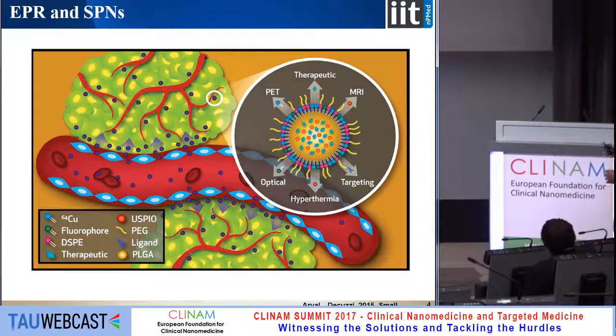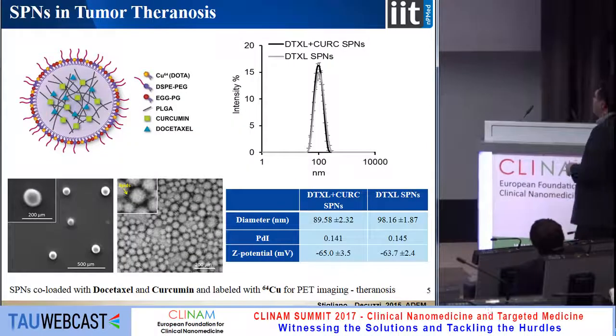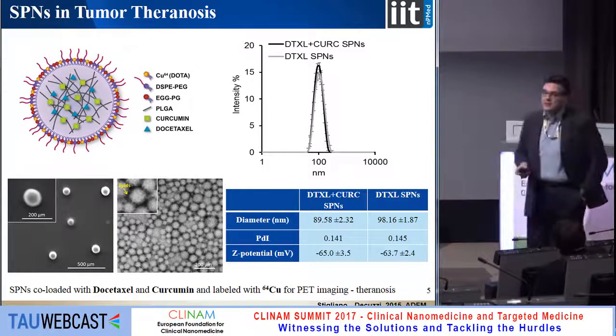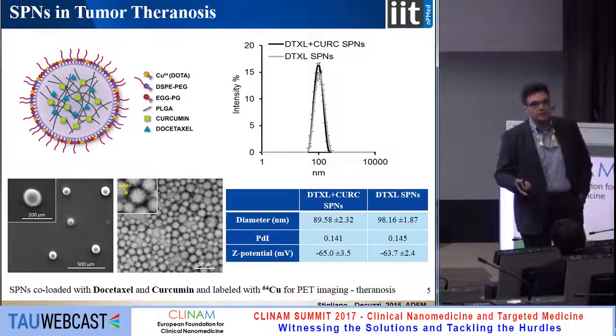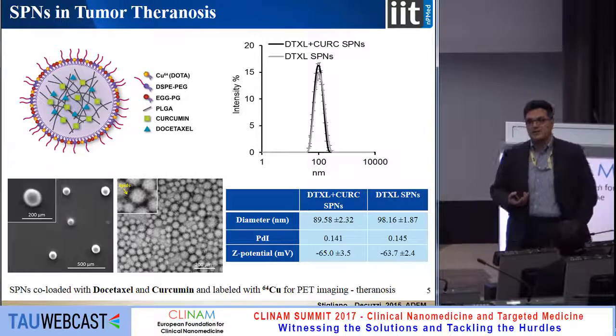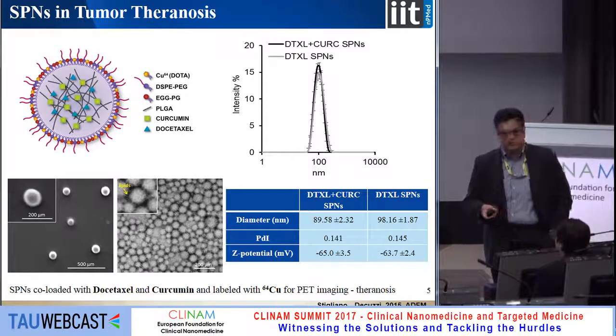And so the first thing that I would like to discuss with you very briefly is the opportunity of co-loading within the same nanoparticle a chemotherapeutic drug as well as an anti-inflammatory drug. In this case, a natural molecule like curcumin.